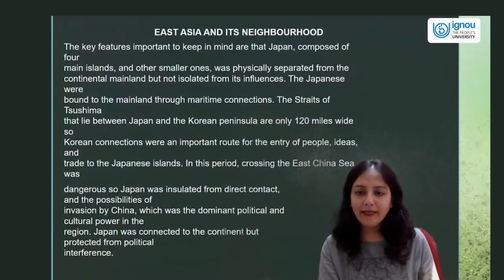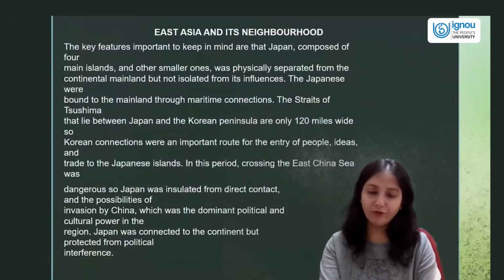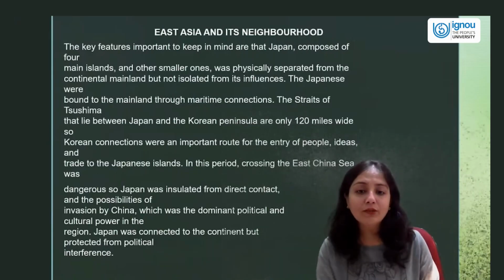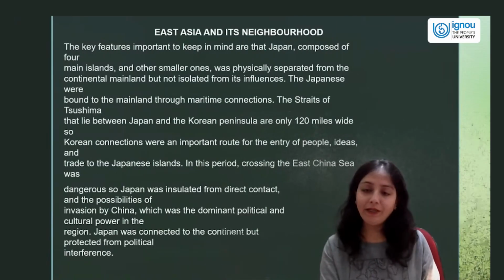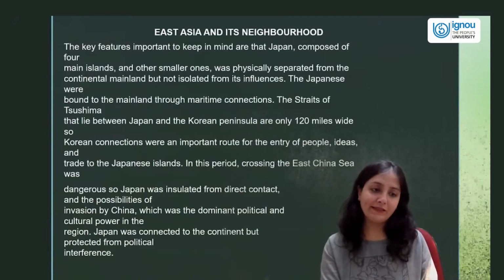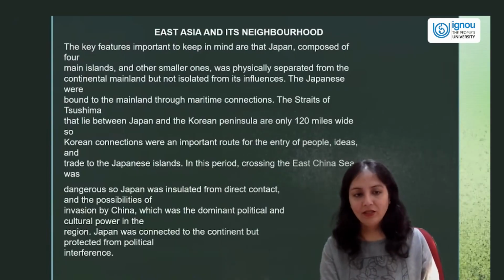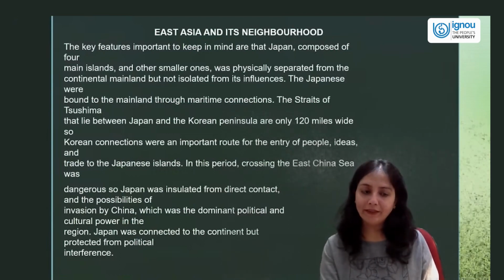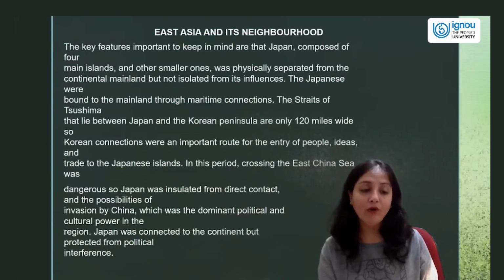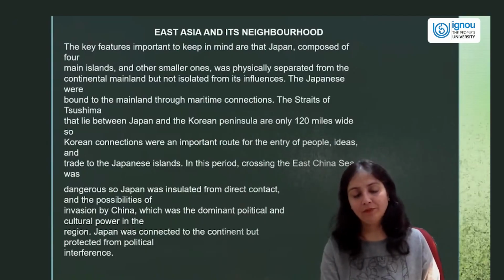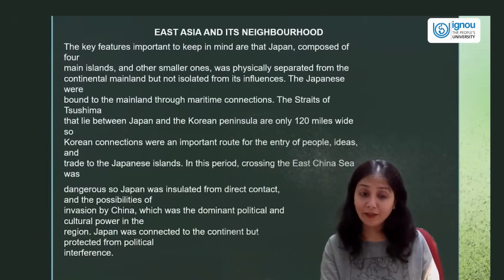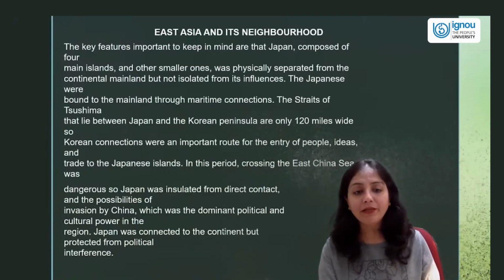Yes, they are connected with each other, with the help of export, import, and so on. Sea route is also connected with that. In this period, crossing the East China Sea was dangerous. So Japan was insulated from direct contact and the possibilities of invasion by China, because China could invade Japan very easily since they are neighboring countries.